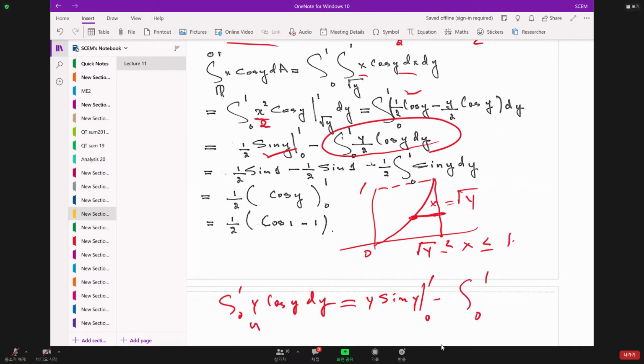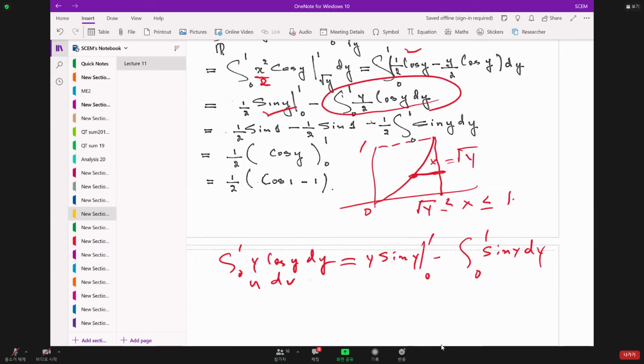This is u dv. Next, you need that is sine y, differentiate y. If you differentiate y, you simply get dy. So you get rid of your y. So this is simply equal to, put 1 here, you get sine 1 minus 0, that goes off at 0.